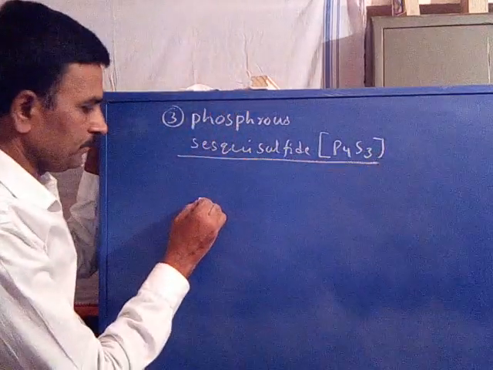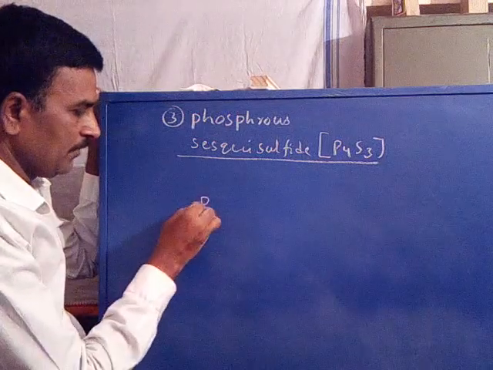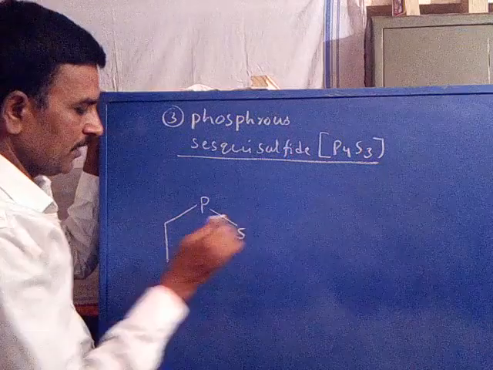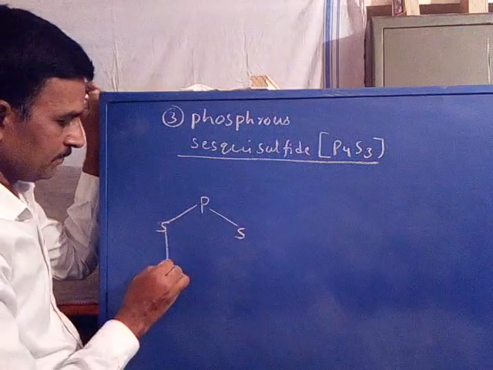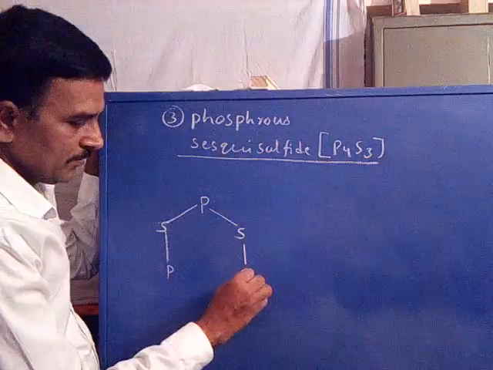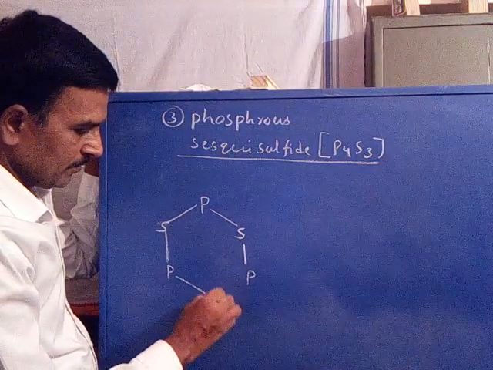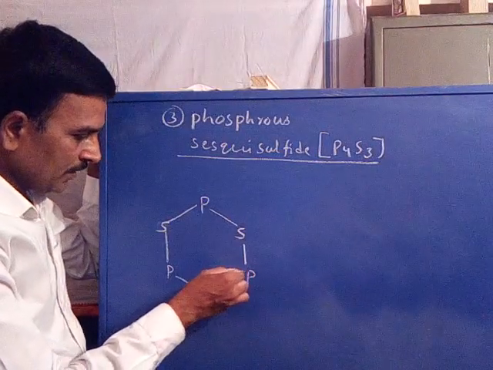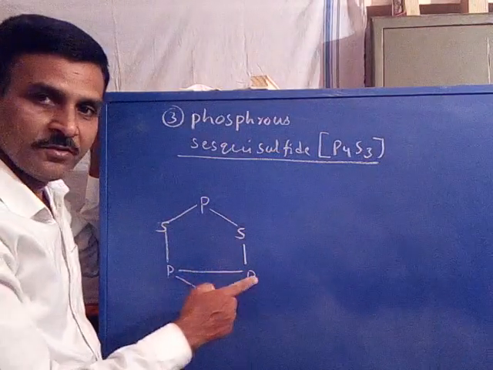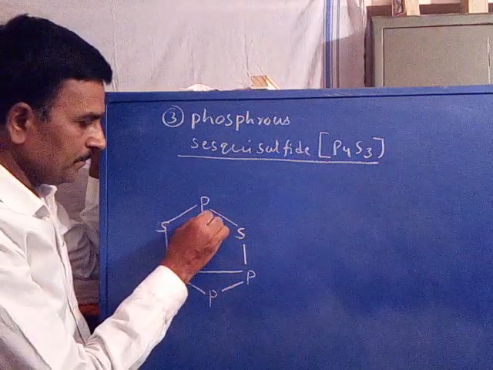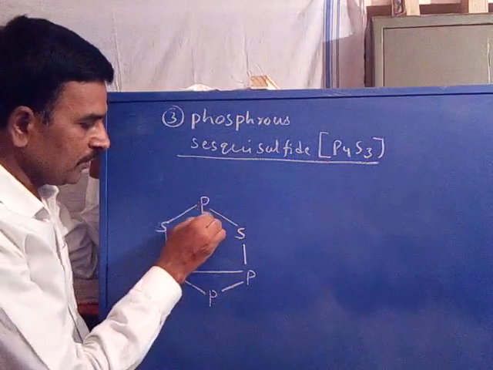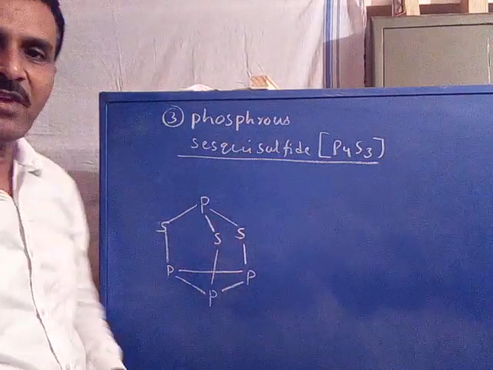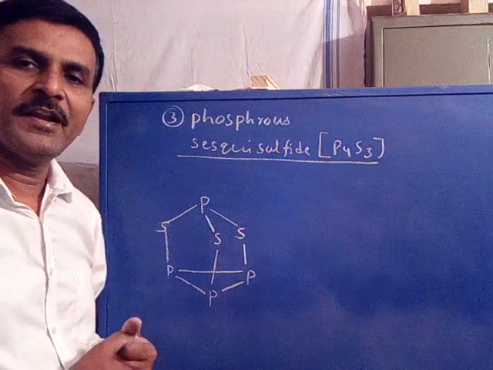Its structure contains one phosphorus above and three phosphorus below, forming a six-membered ring, where there are bonds between the phosphorus atoms through sulfur. So this is the structure of phosphorus sesquisulfide.